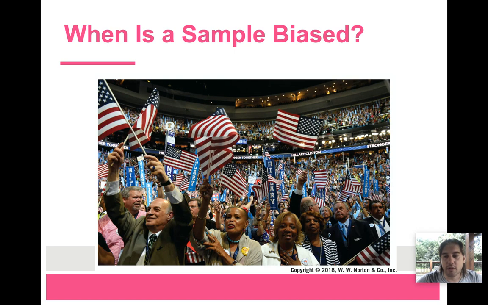But I would argue that this is going to be a biased sample. Even though all of these people are likely to be registered Democrats, within the population of registered Democrats, there might be something different about the people who are willing to go to the rally, right? There are a bunch of registered Democrats who are not going to go to the rally.